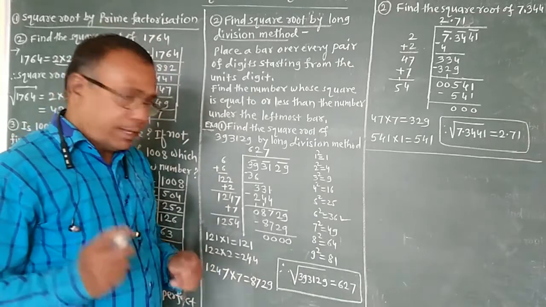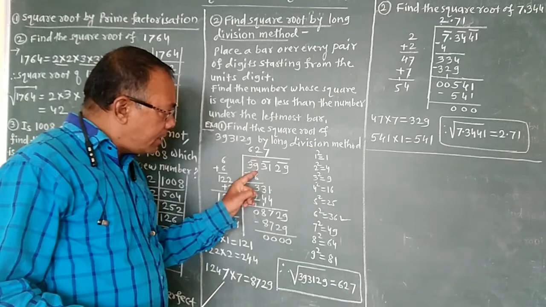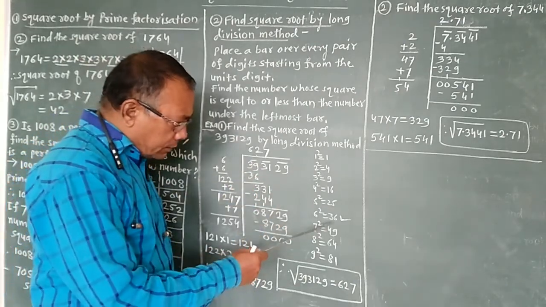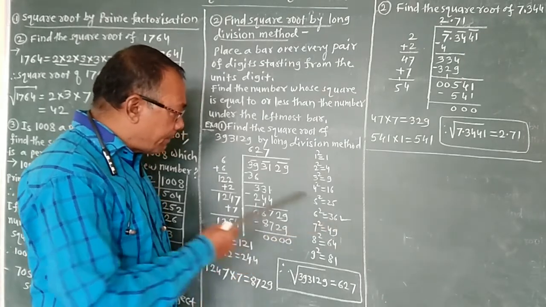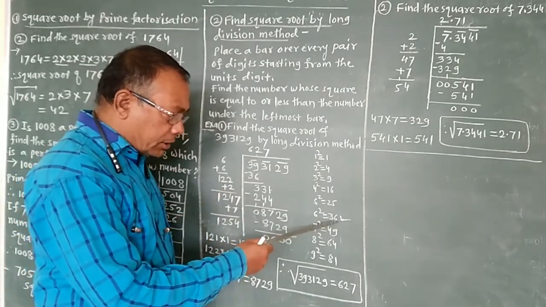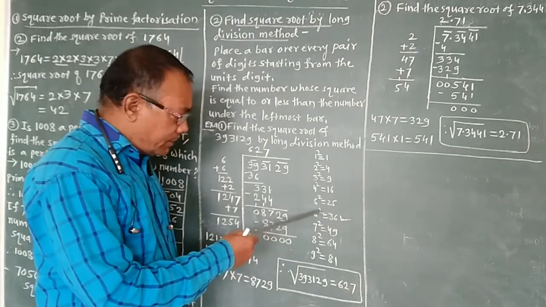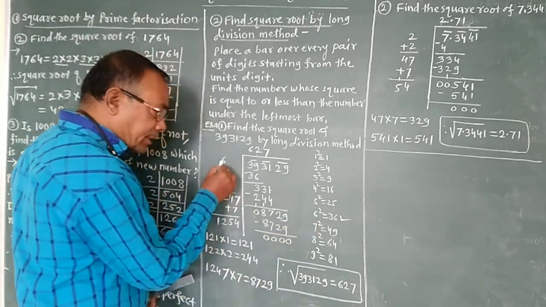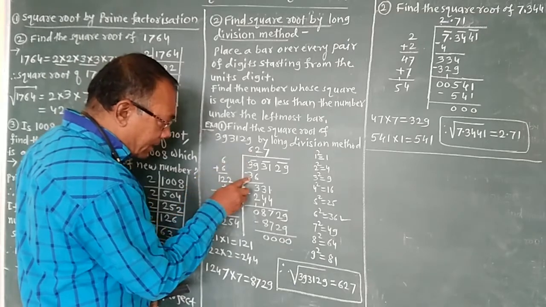So what do we do here? The first pair is 39. The nearest square to it is 36, which is the square of 6, so write 6 here and another 6 here. 6 sixes are 36.